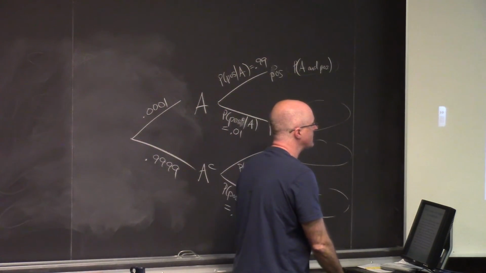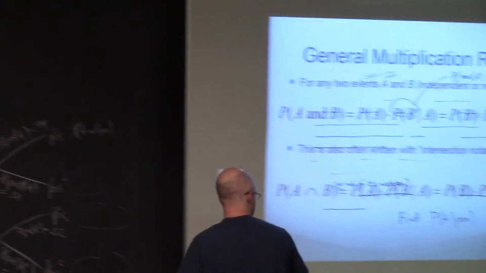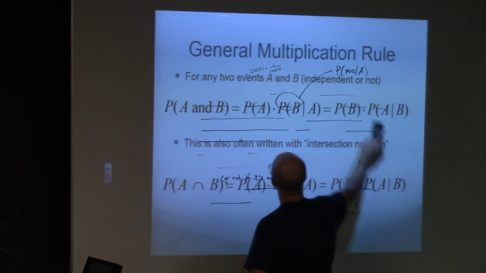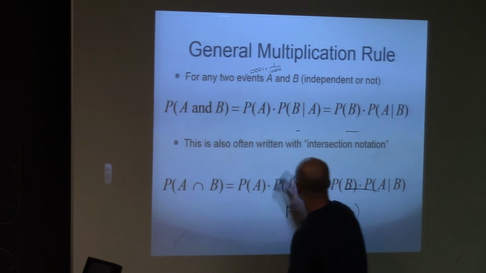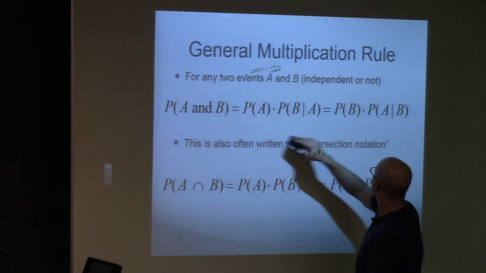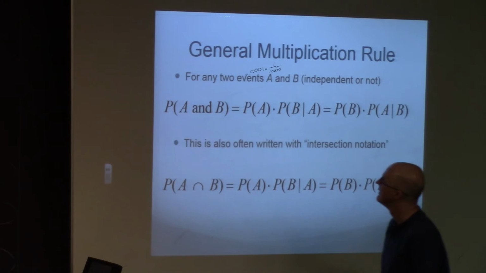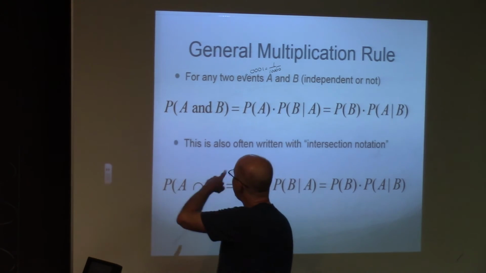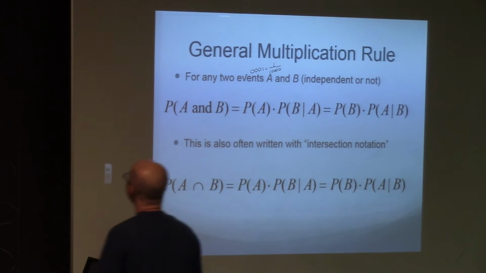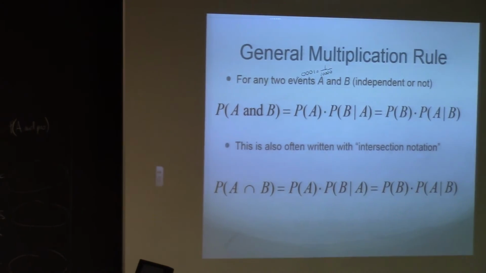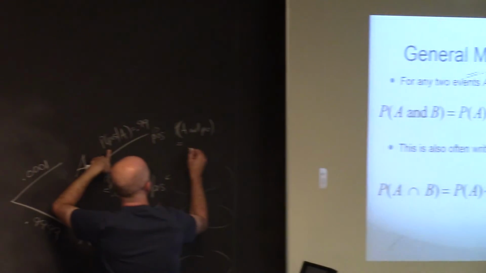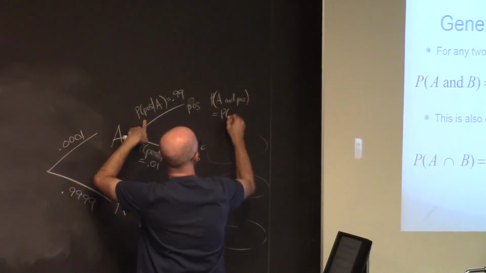We need the general multiplication rule. Look at the top one here. We can use A as A and pos as B. Based on the fact that I know this conditional probability, when I use that formula, I better use the form that looks like this.